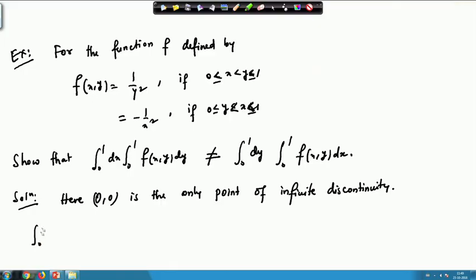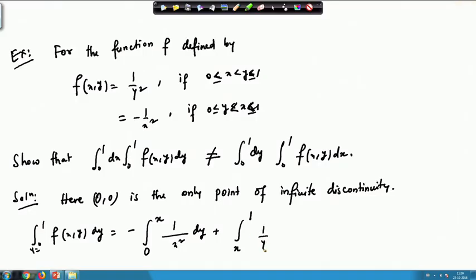Then integral from 0 to 1 f(x,y) dy, when y is varying from 0 to 1. In that case we can write this as minus integral from 0 to x of 1 by x square dy plus integral from x to 1 of 1 by y square dy.